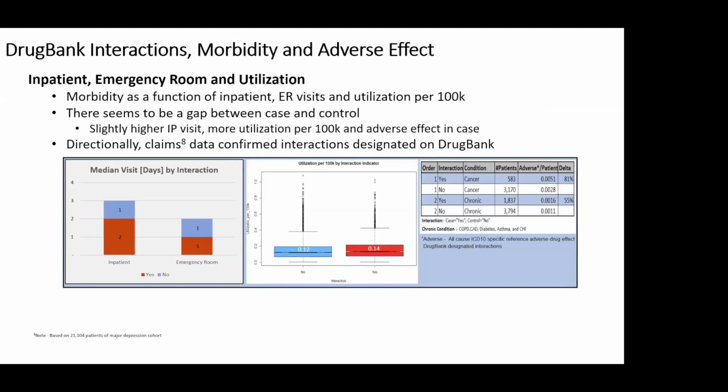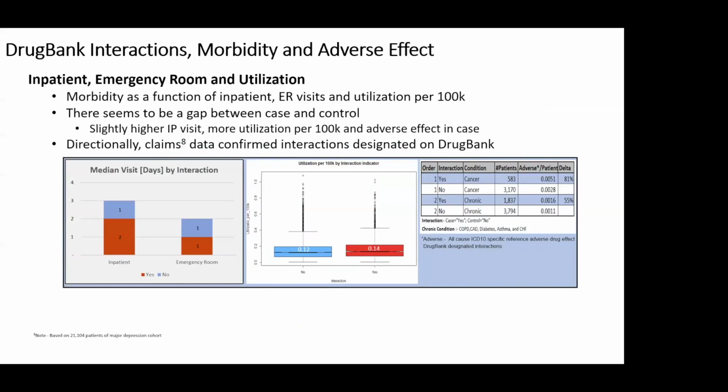Again, furthermore, looking at claims data, since morbidity is our focus here, we want to explore all the morbidity measures essentially. We used inpatient and ER visits, as well as utilization per 100K, as a proxy for our morbidity measure within the claims data. And what we realized is that there seems to be a gap between our case and control.